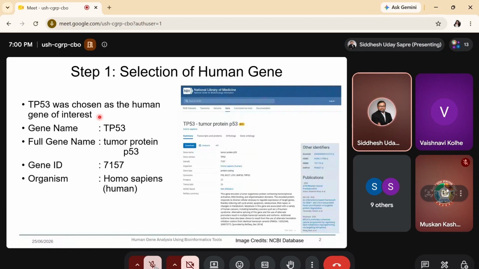The gene name is TP53. The full gene name is tumor protein P53, with respective gene IDs, and the organism was Homo sapiens, that is, humans. And we properly documented all the related things which we found on the NCBI library.